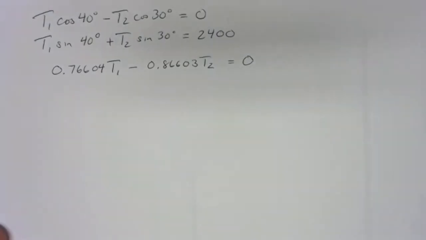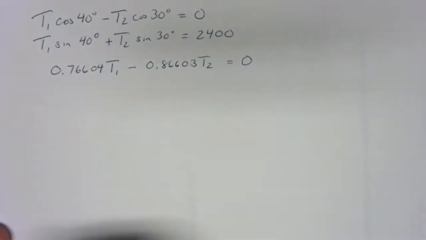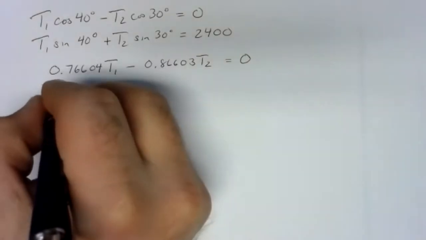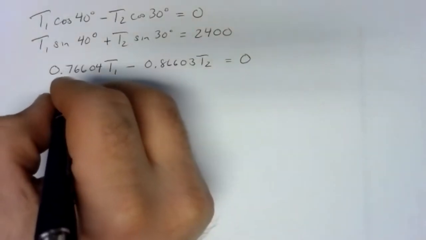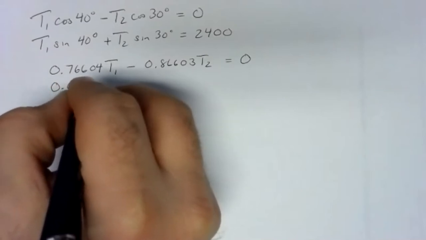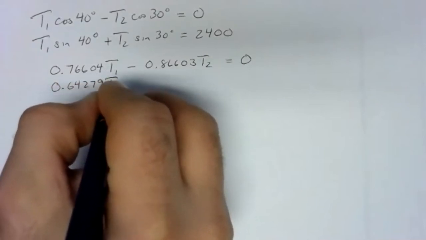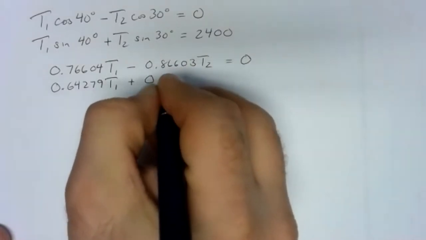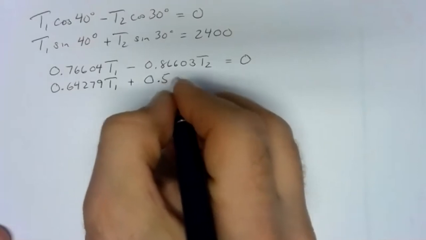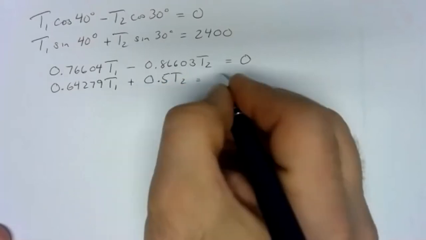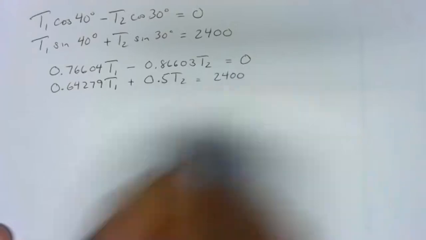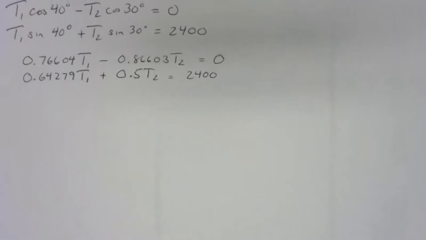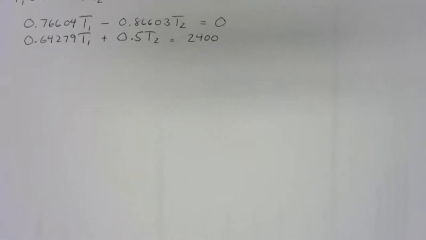So that's our first equation rewritten. And the second equation, we've got sine of 40, that's 0.64279 T1, plus T2 sine of 30. Well, at least we get a kind of nice number there, 0.5 T2 equals 2400. So there are our equations, changed from sine and cosine symbols to numbers.